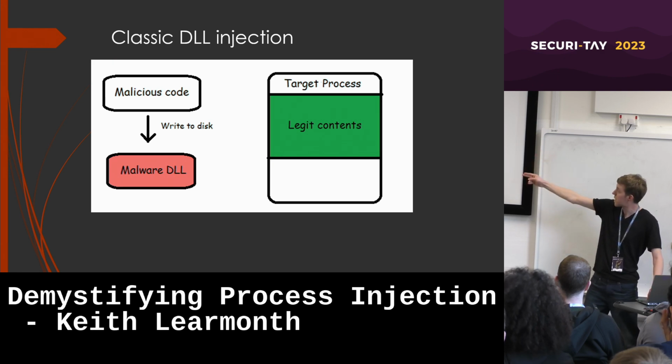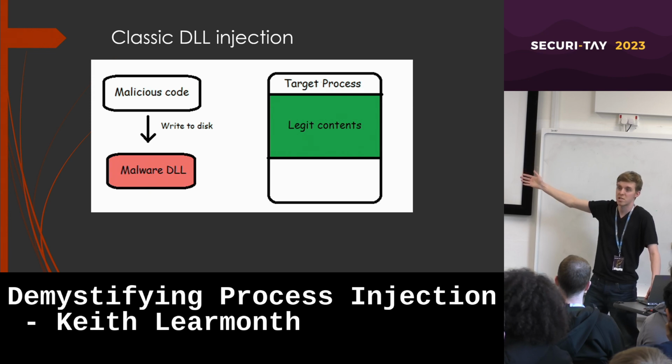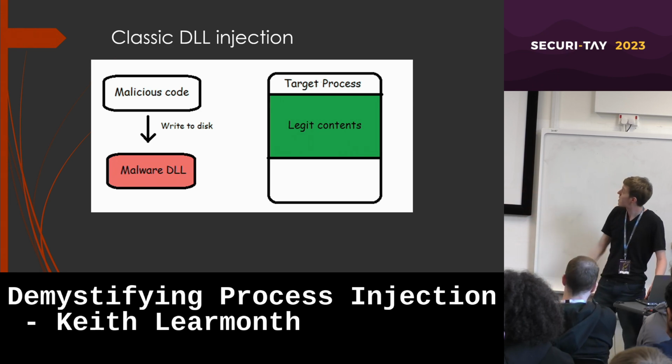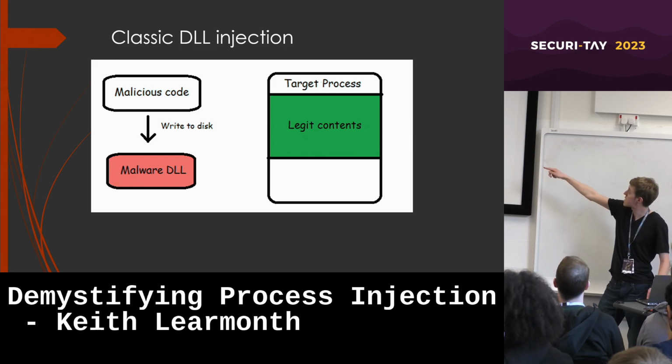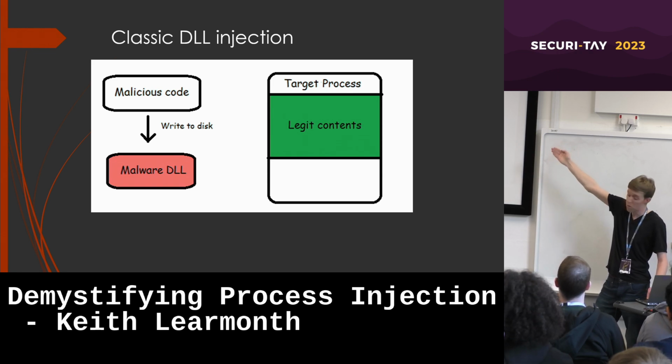You would write yourself a DLL with all the malicious actions you want to take, or malware, all in a DLL, so it's lovely Windows executable code. And then you have a target process that you want to inject into. It's sitting there running happily with its legitimate contents.